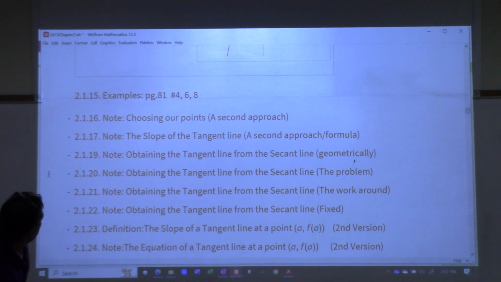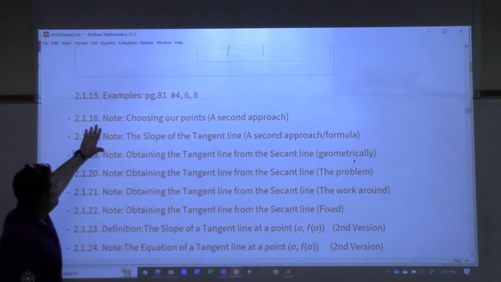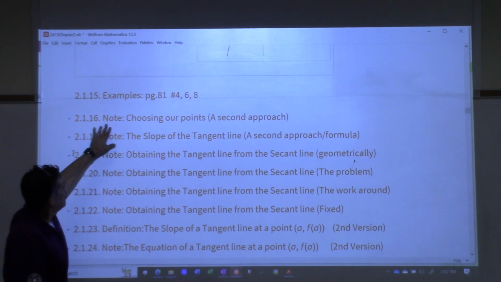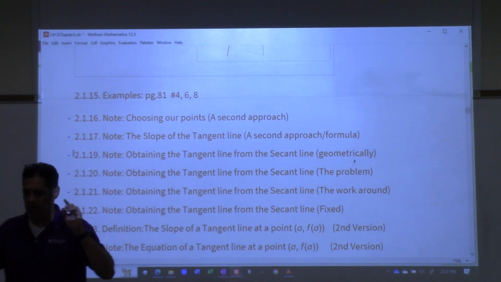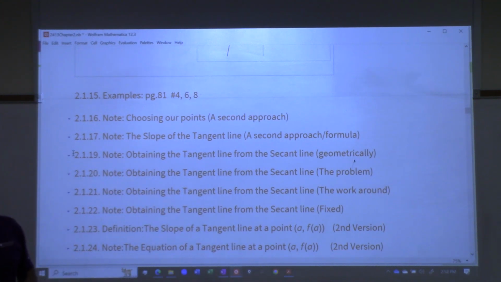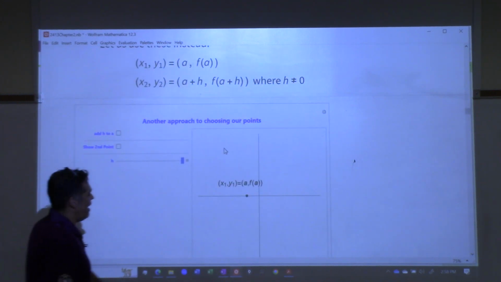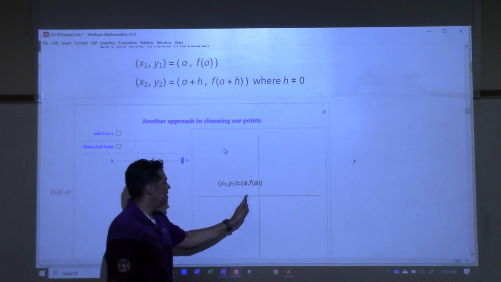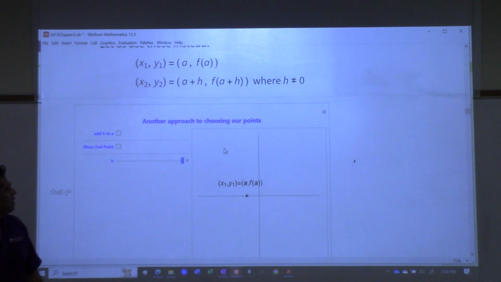All right, what I'd like for us to do is look at 2.1.16. We are going to do a second approach to everything we just did, another way of looking at it. Remember in the beginning, I chose this point A, and then that second point I picked I called X. I'm going to do something different.